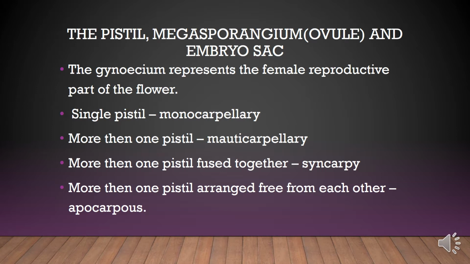If a flower contains more than one pistil, this condition is called multicarpellary. When more than one pistil are fused together, this condition is called syncarpous, or if they are free from each other, they are called apocarpous.